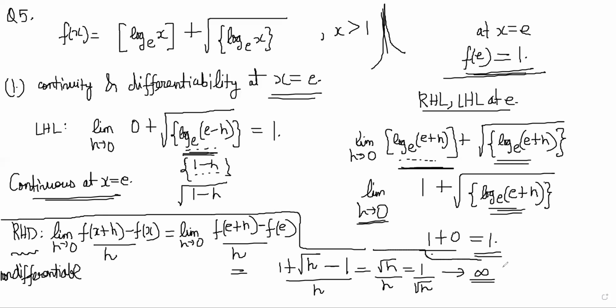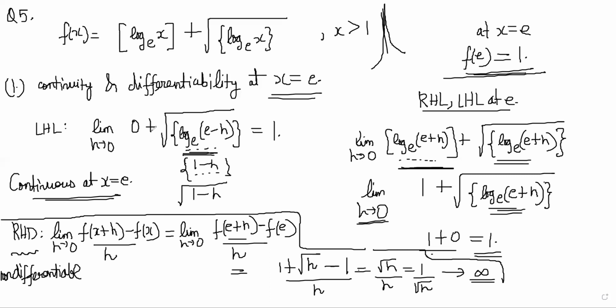So by doing the definition, f of e plus h minus f of e, you get something like this: 1 and 1 cancel and it is some root h by h, which blows up and becomes infinite. So the answer is that it is continuous but not differentiable at x is equal to e.